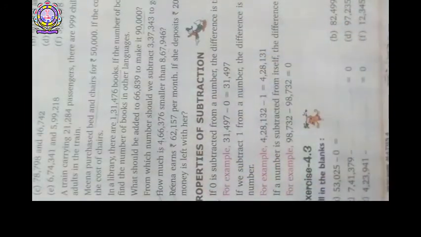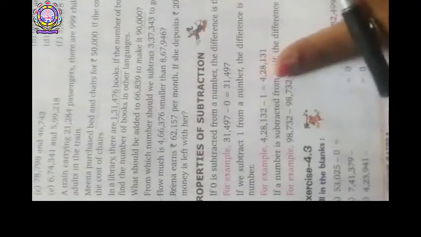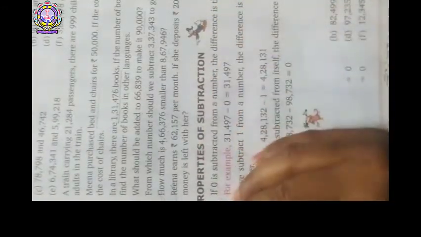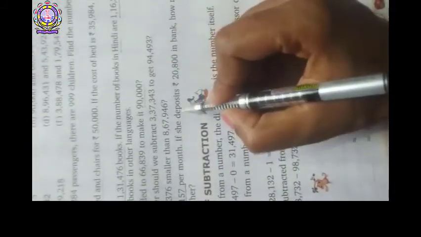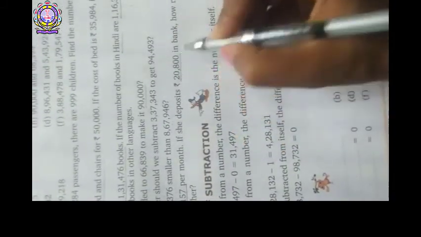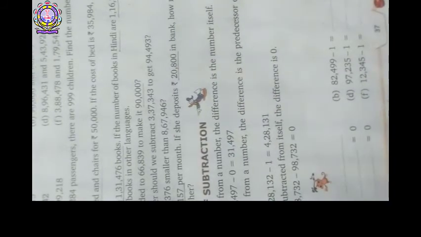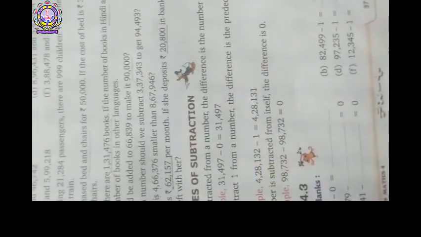Okay, total income is equal to 62,157, and deposit amount is equal to 20,800 in a bank. If we subtract the deposit amount from the total amount, we will get how much money is left with her.